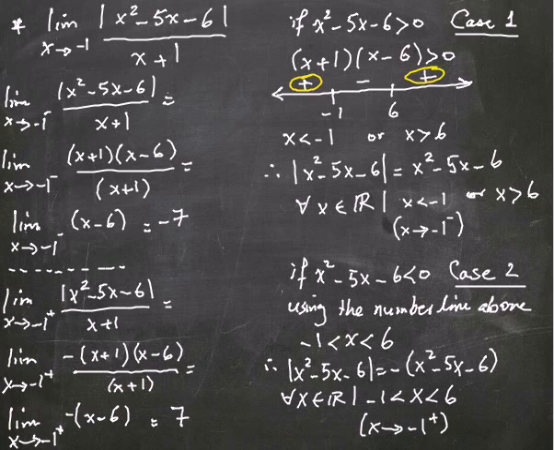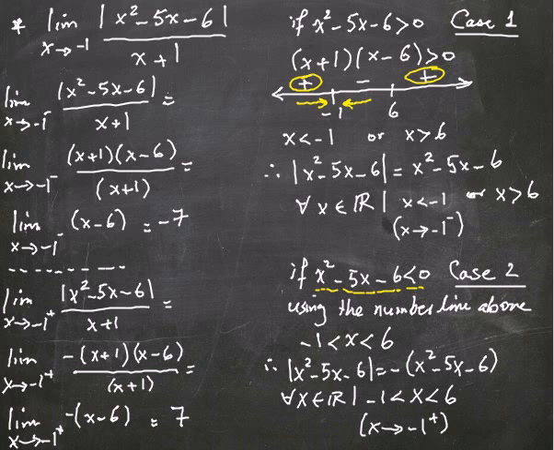So as x approaches negative 1 from the left, this function is positive, because that's what we're interested in. And if x squared minus 5x minus 6 is less than 0, we realize that if x approaches negative 1 from the right, the function is negative.